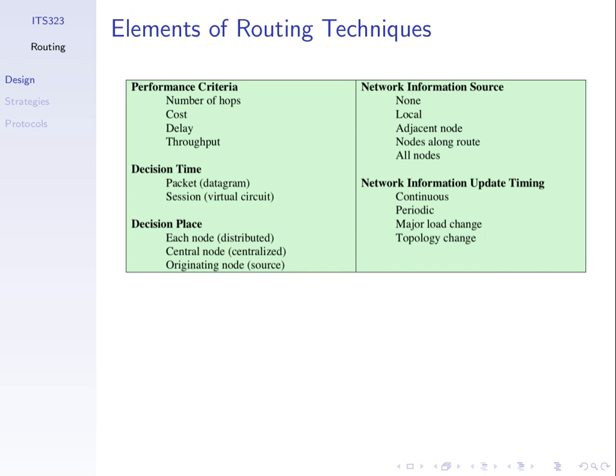Node 0 calculates the best path for the entire network, and whenever a node has to choose a path, it consults node 0 and it tells it which path to use. That would be a centralized approach. There's one central computer that does all the decision making for all the nodes.